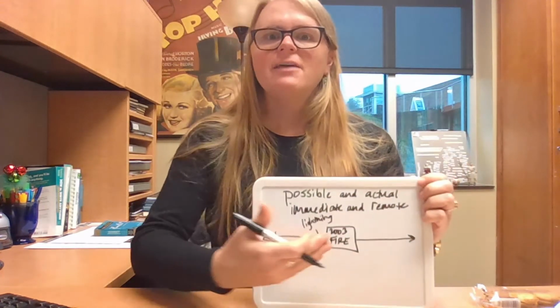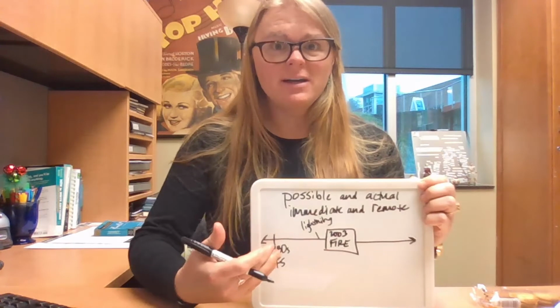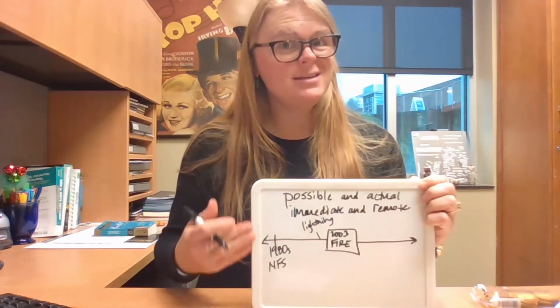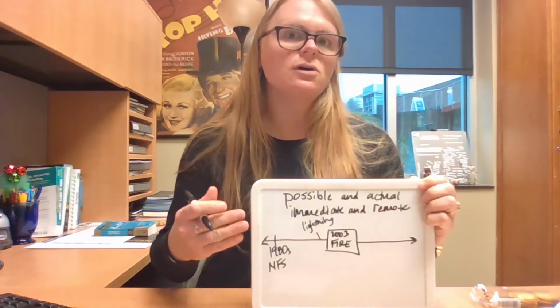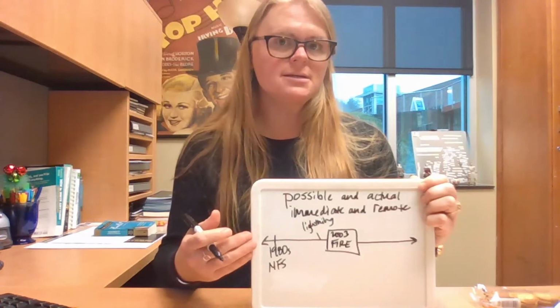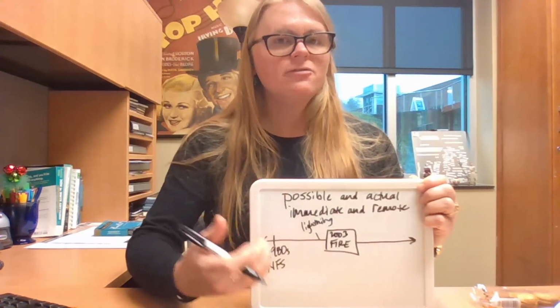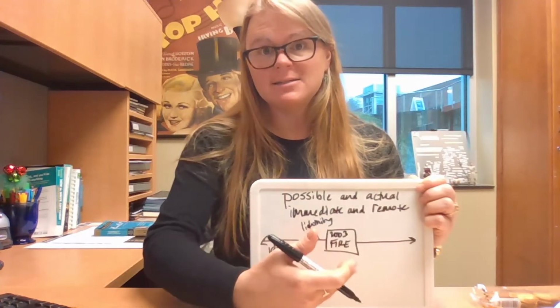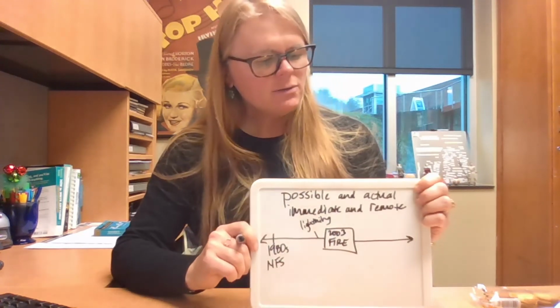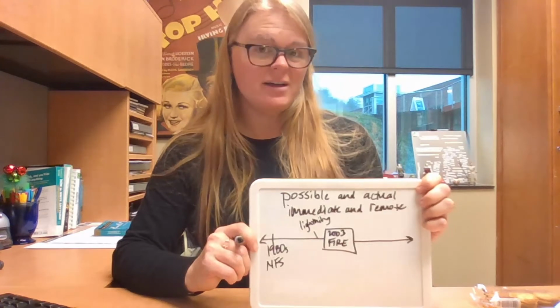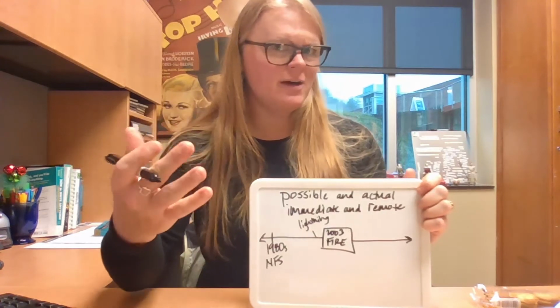But anyway, if I'm thinking about causes of this fire, I could go back to these 1980s policies. Those are remote causes, but they're still causes because I can draw a logical line from those policies in the 80s to 2003.